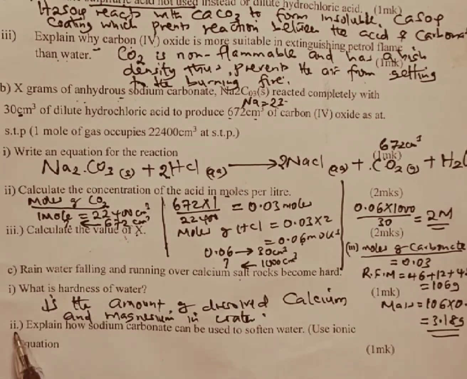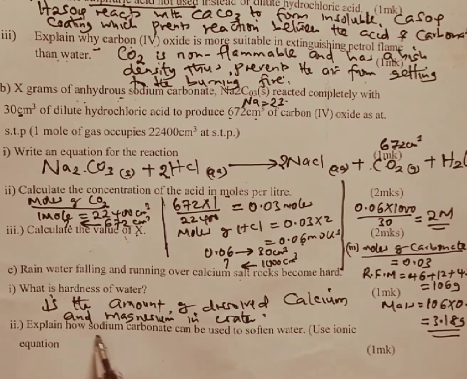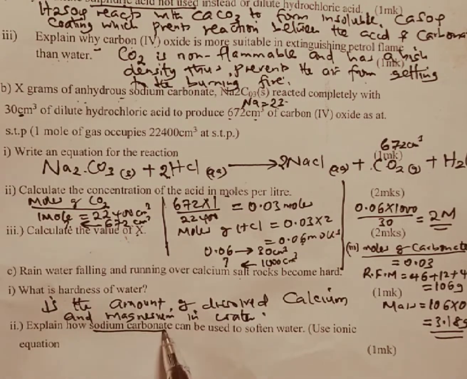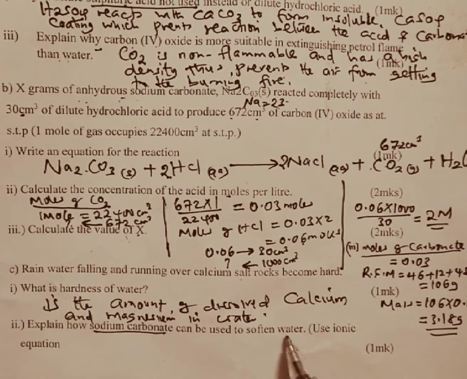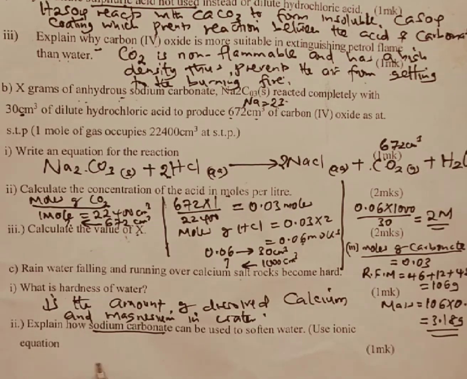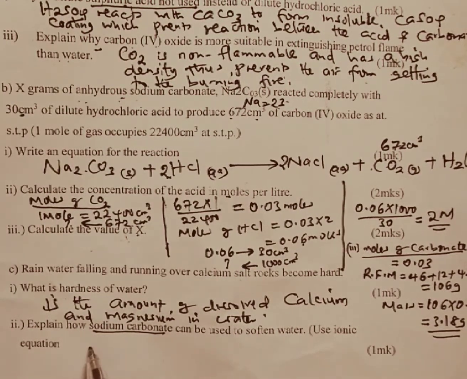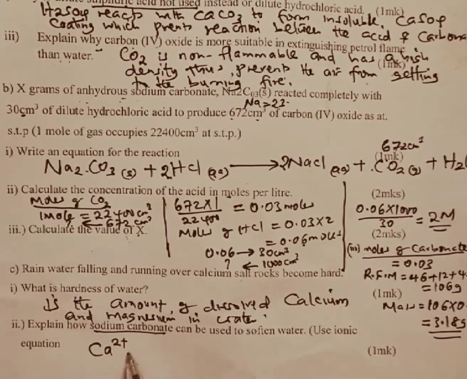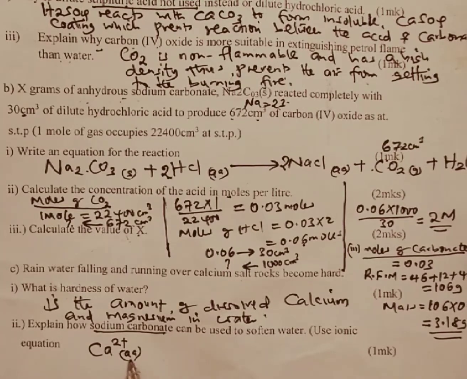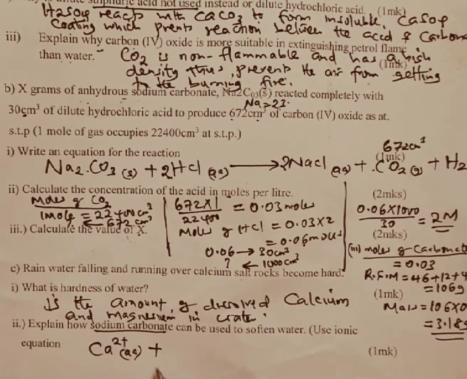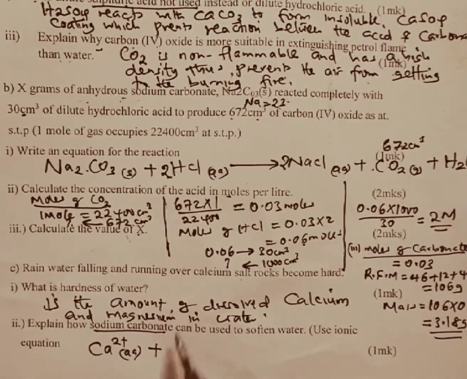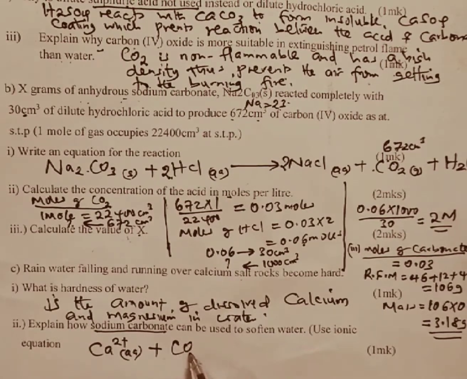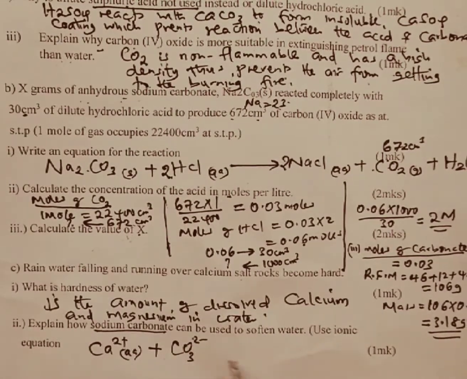Roman 2 of the same question, explain how sodium carbonate can be used to soften water. Use ionic equation. Remember, water hardness can be caused by calcium ions. This is the water that contains calcium. We add sodium carbonate. From sodium carbonate, we need the carbonate ions.